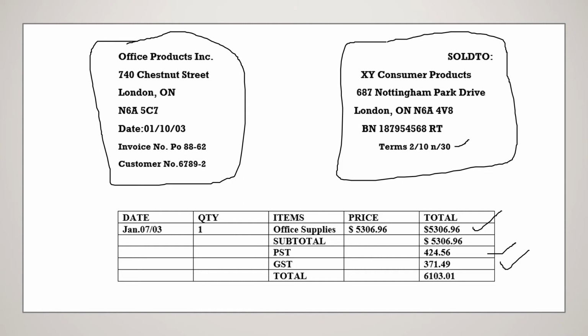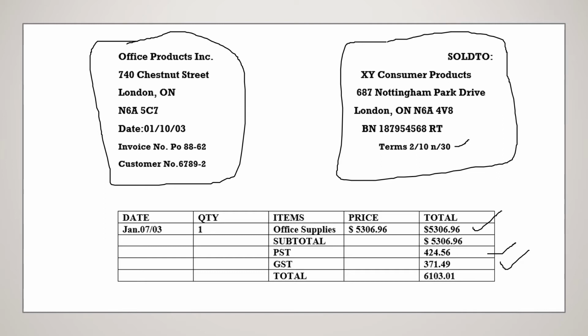Your total amount, which is your total invoice, will be 6,103.01. So that is a bit of the overview of the invoice.